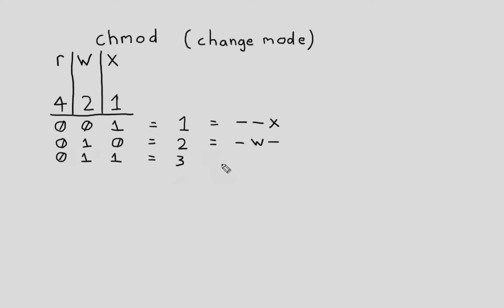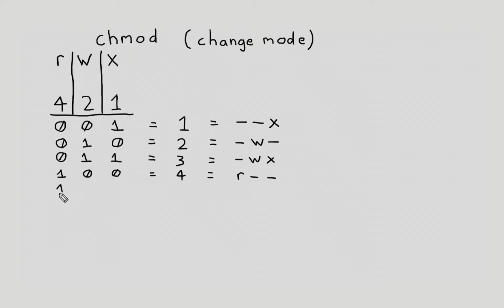That is the decimal number 3, which equals no read, yes write, and yes execute. Now we need the number 4. For the number 4, we have a 1 here, 0, 0. That is the number 4, and that equals read, no write, no execute.